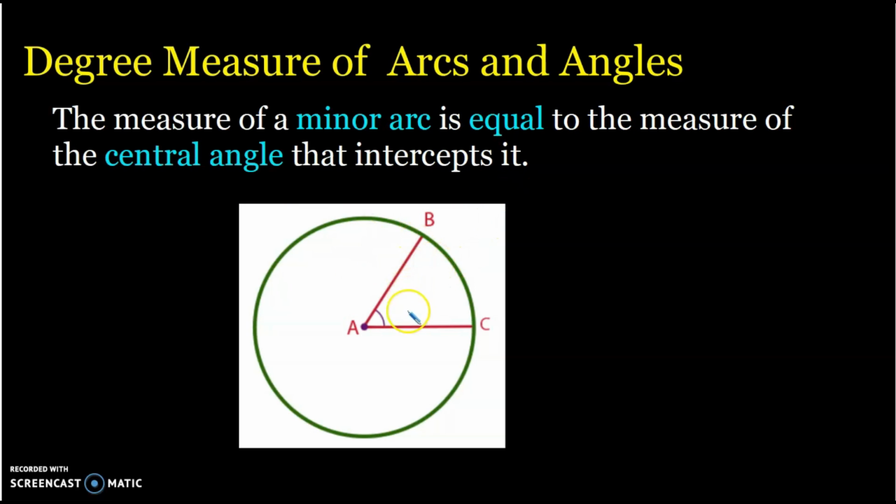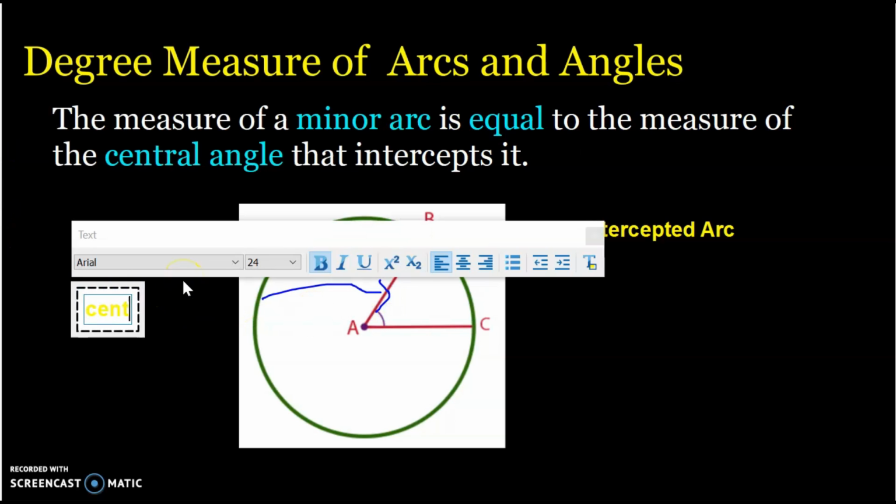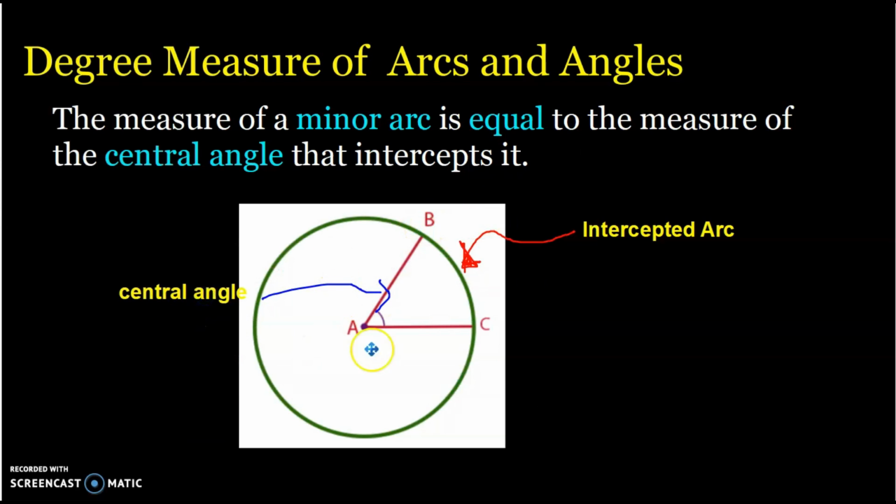Okay? So, we all know that this angle BAC is our central angle. Okay? So, we type here the central angle. That's one. BAC. And the intercepted arc is BC.